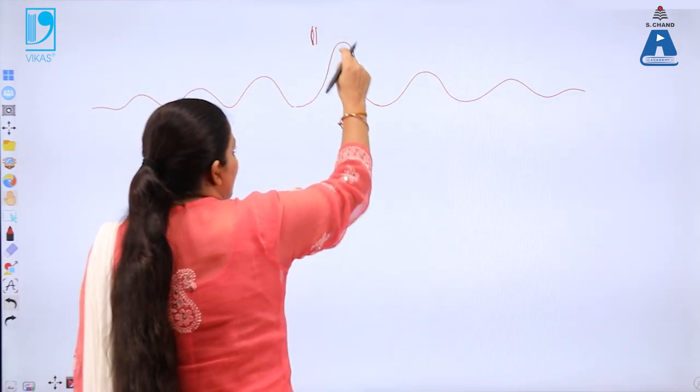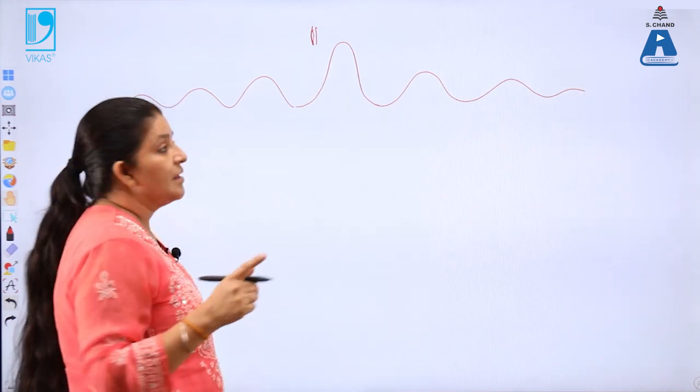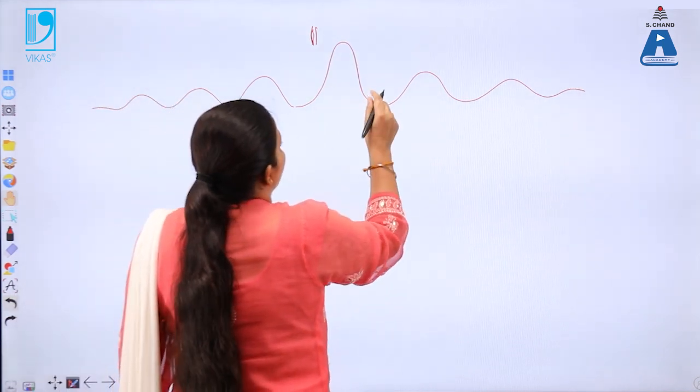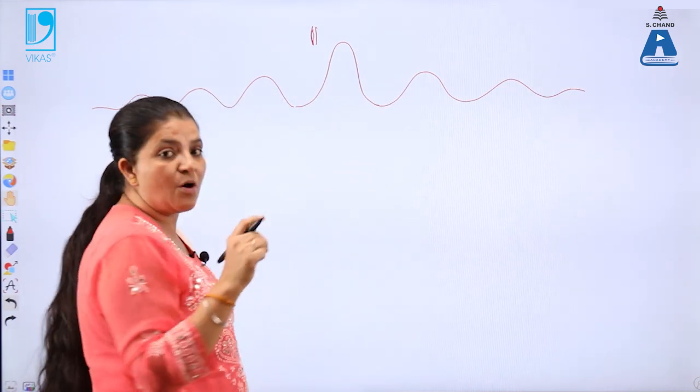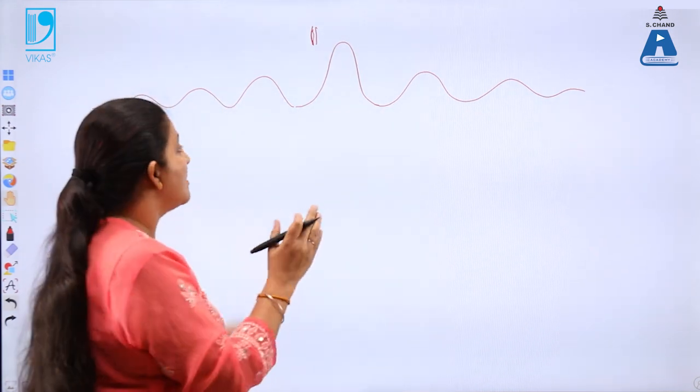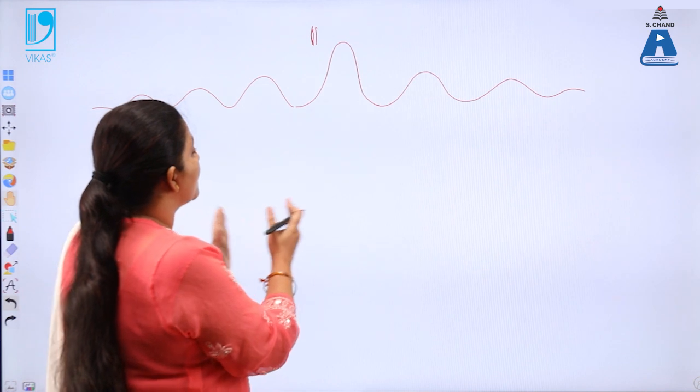If this is a central maxima of one object, it keeps away from the central maxima of the other object. So they are quite different from each other.